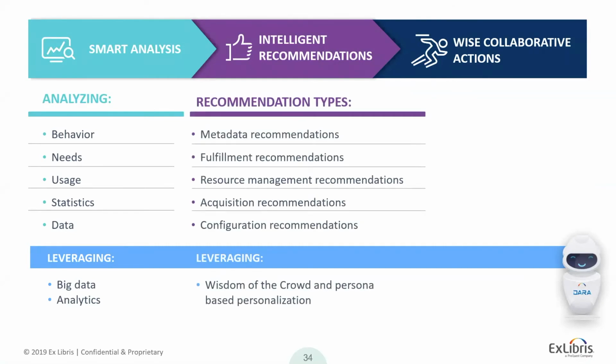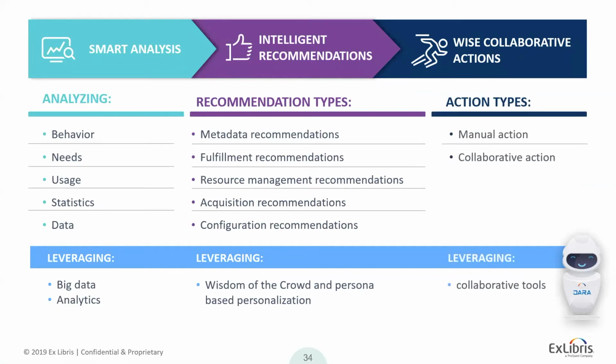And then we want to make intelligent recommendations in all different areas, whether it's metadata or fulfillment or resource management, and make it as easy as possible to implement those recommendations by enabling the user to go to the particular screen that's required with as much information filled out, and smoothing the roadblocks in the way of implementing those recommendations as easily as possible.